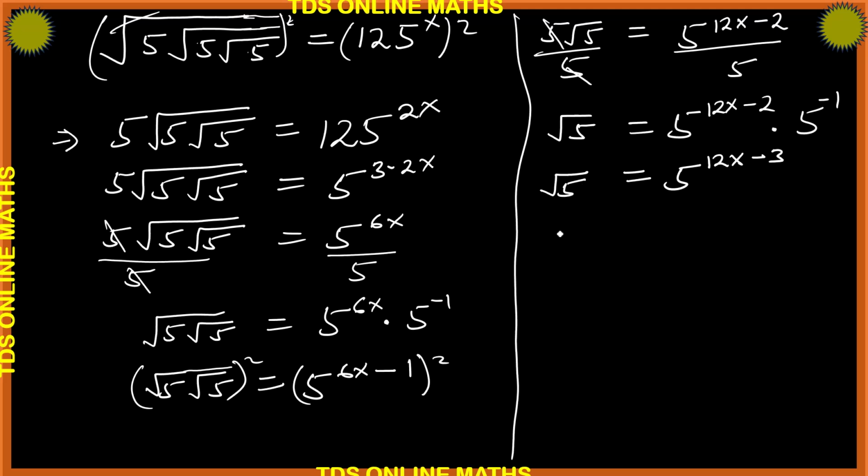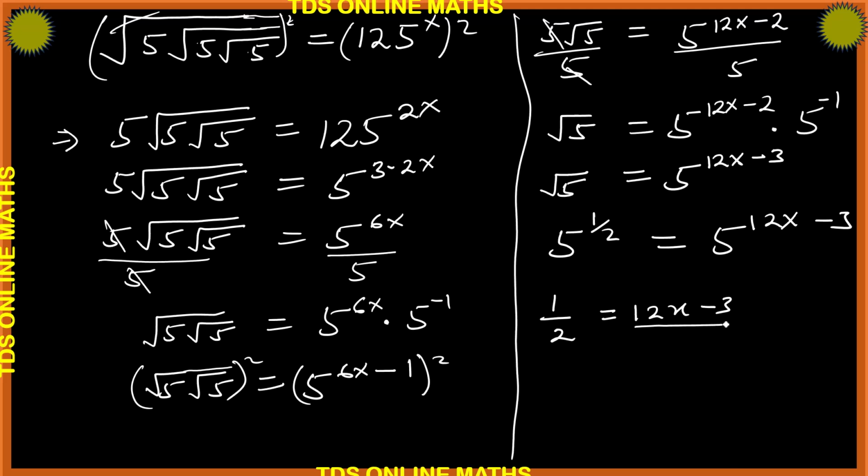So let's write the left hand side as 5 to the power half. Then maintain our right hand side. So the bases are equal. Let's equate the powers. So we have 12x minus 3.